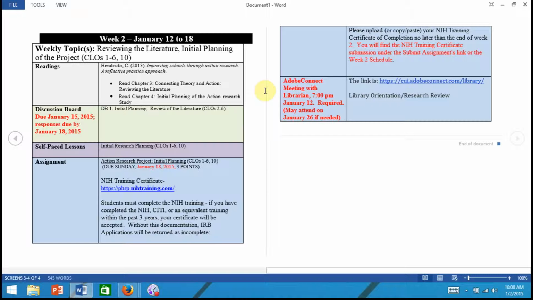Lastly, you have a meeting with the librarian that is now required by the university, scheduled for January 12th at 7 o'clock. There's another session on the 26th, so you need to attend one of them. I just need to know which one you're going to attend.